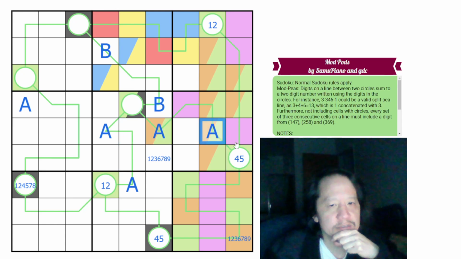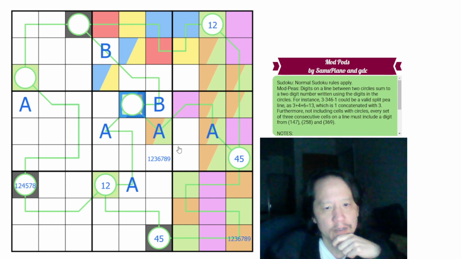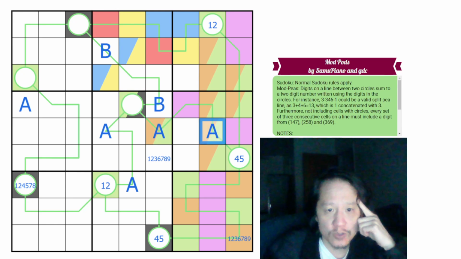This cannot be the same set. Because otherwise, if it were, then this would have to be the 3, 6, or 9, which it's not. So A has to be a different set, so A must be orange. Because it can't be pink. So A is equal to orange.